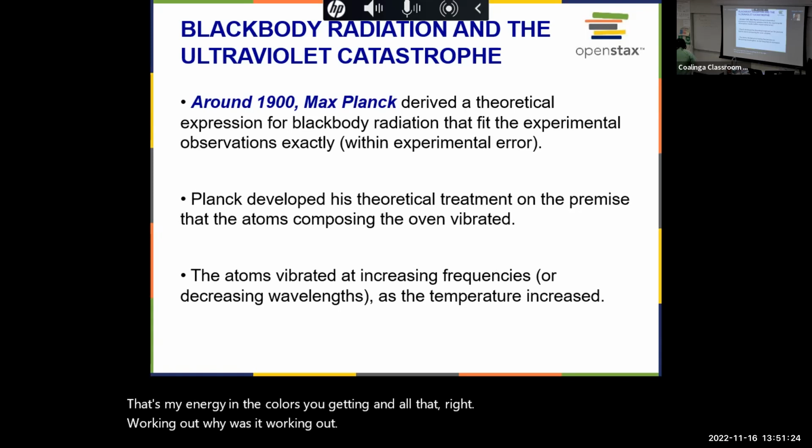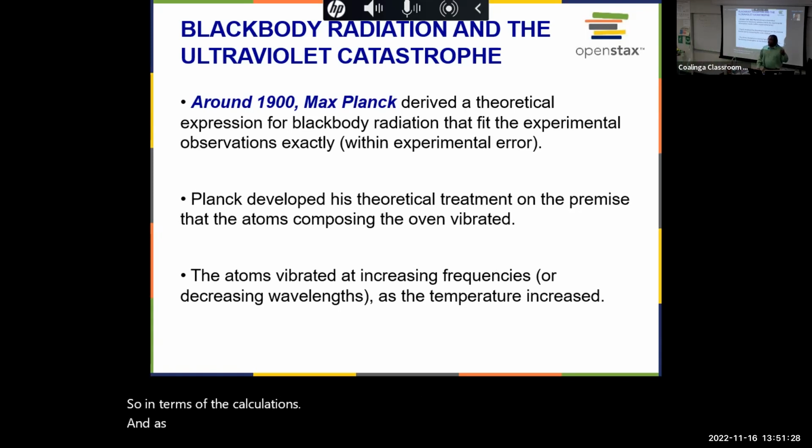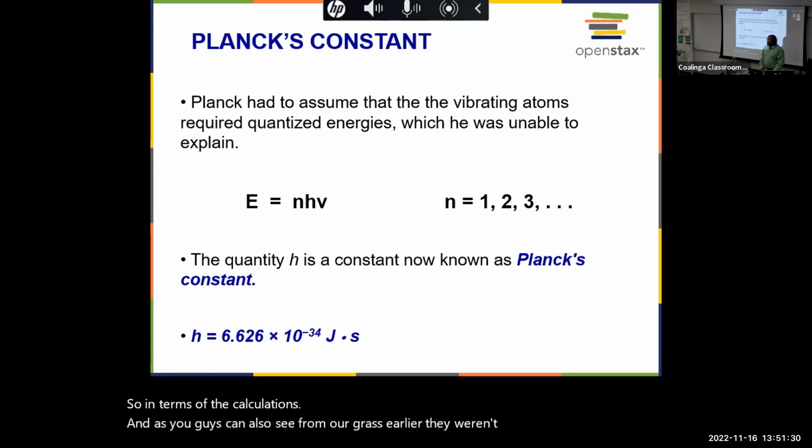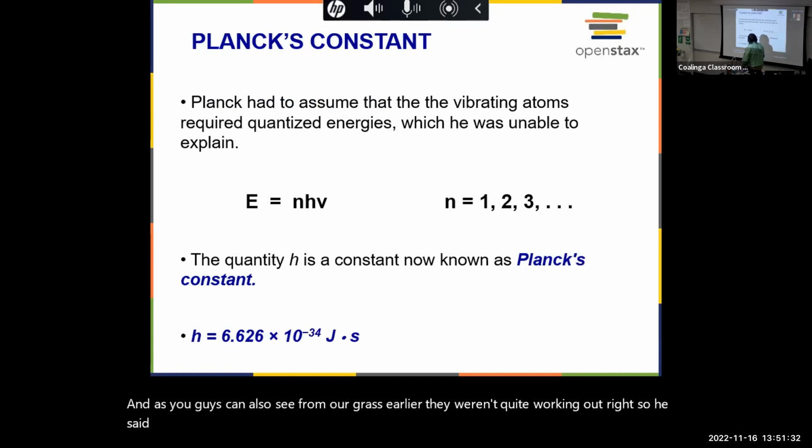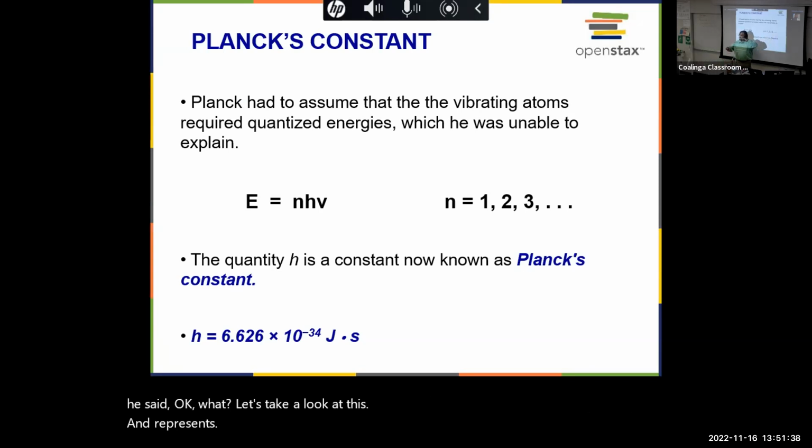So in terms of the calculations, and as you guys can also see from my graph, E represents the energy. H represents Planck's constant.